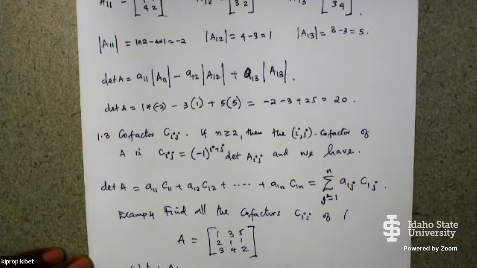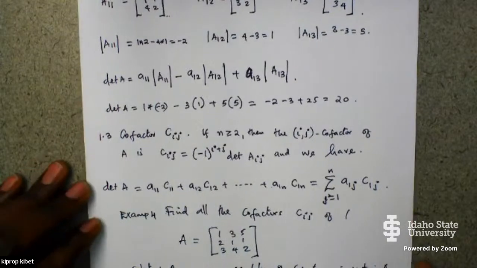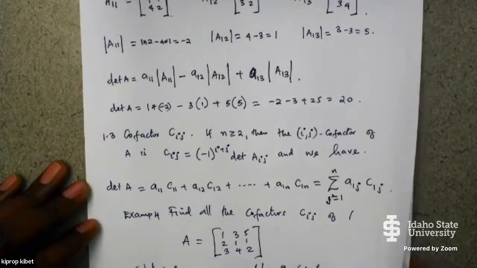there are exactly 9 cofactors in the matrix A. And how should we get these cofactors?